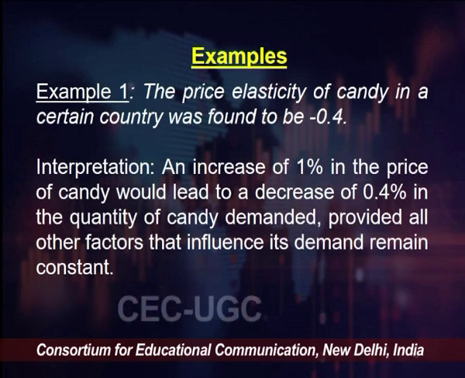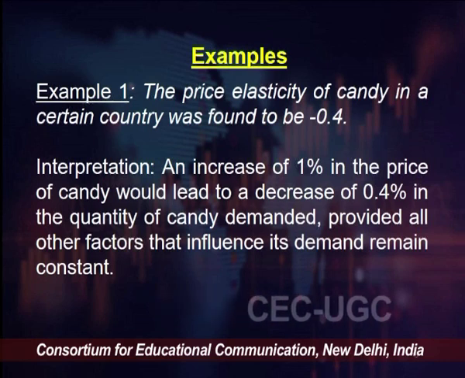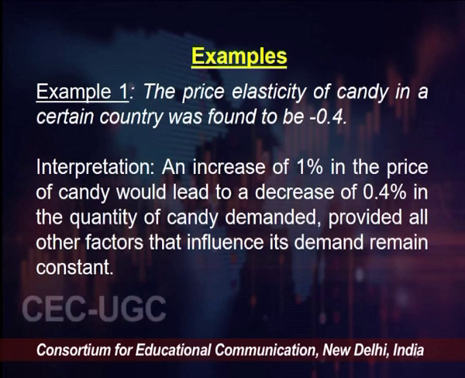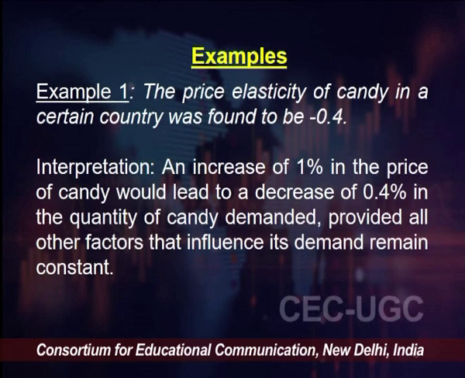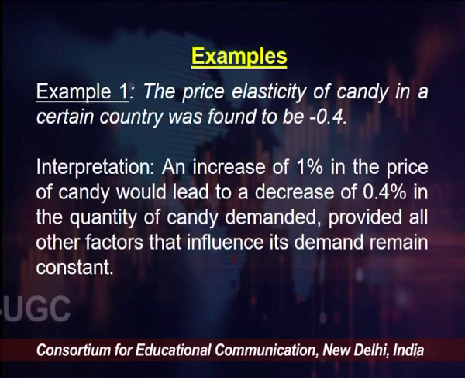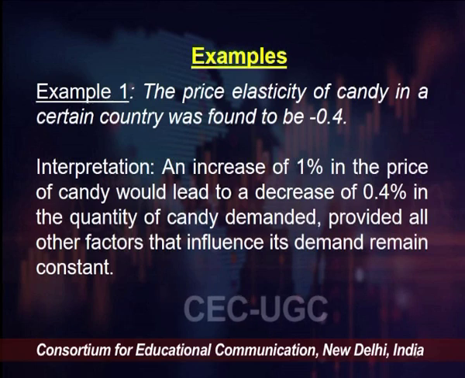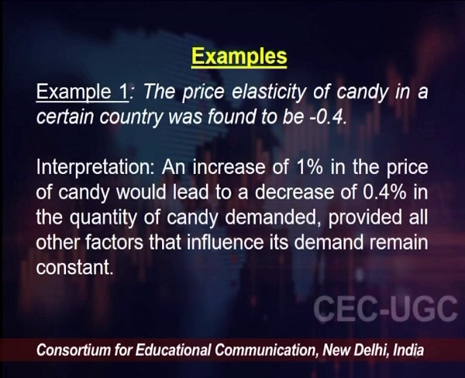Let us suppose that the own price elasticity of candy in a certain country is found to be minus 0.4. What you should get used to here is how you should interpret such statements when you read them.